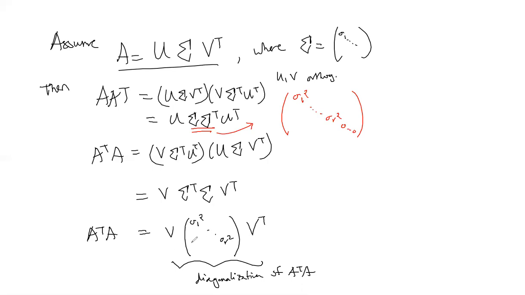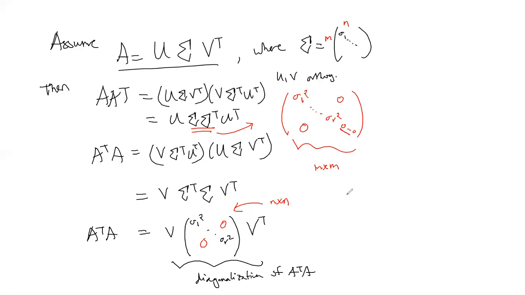Right. The only difference is one of them has different dimensions, and that's why you get some zeros when you diagonalize one versus the other. So let's say sigma was m by n, then this is m by m, and this is n by n. So they're different dimensions. So for one of them, you might have something like 0, 0, and then it just ends right here. And for the other, you might have these zeros along the diagonal.